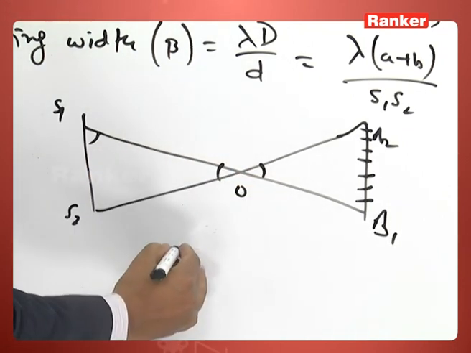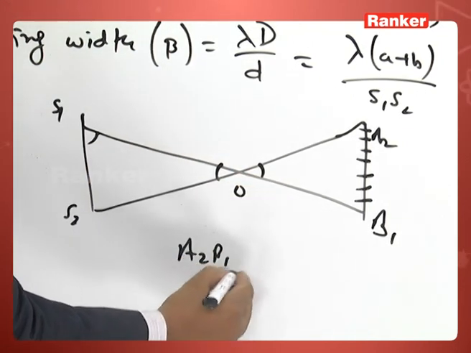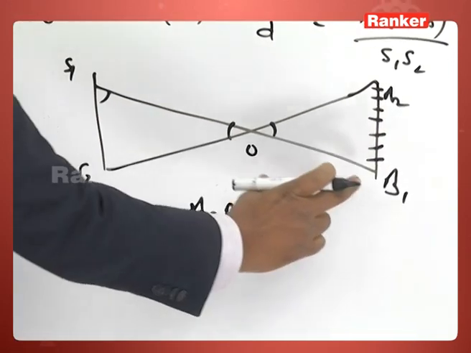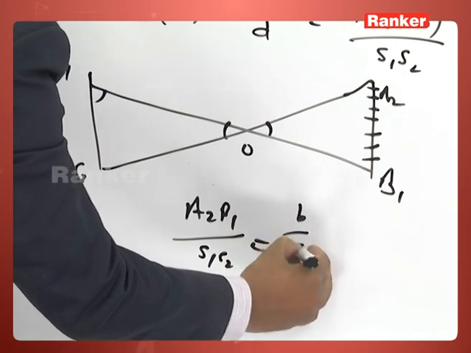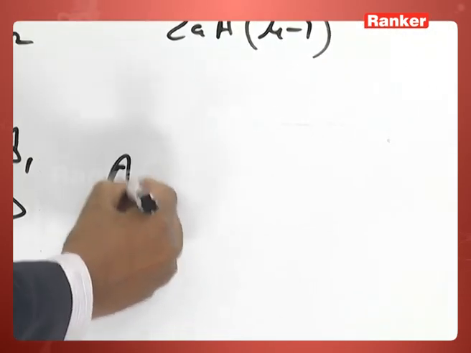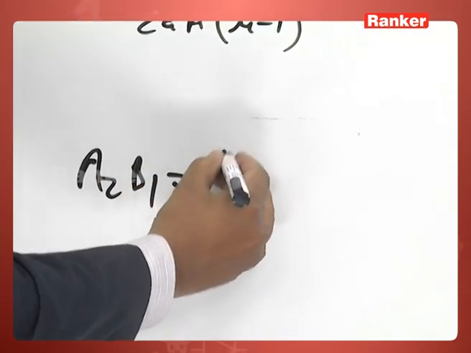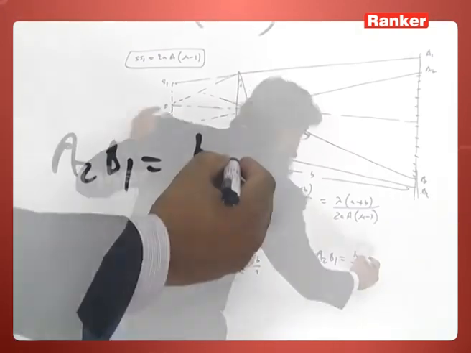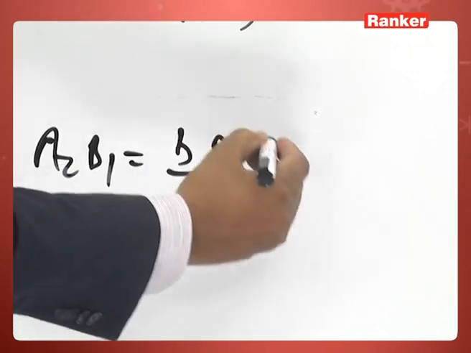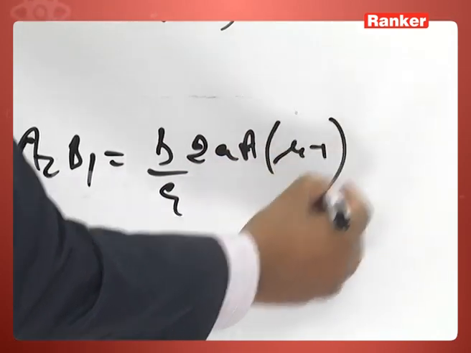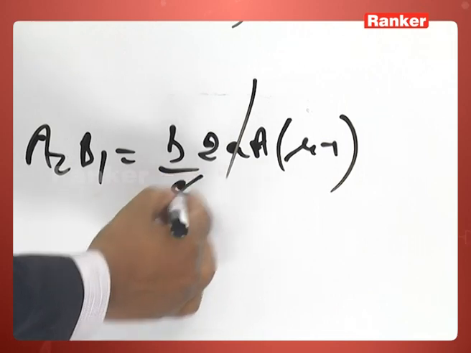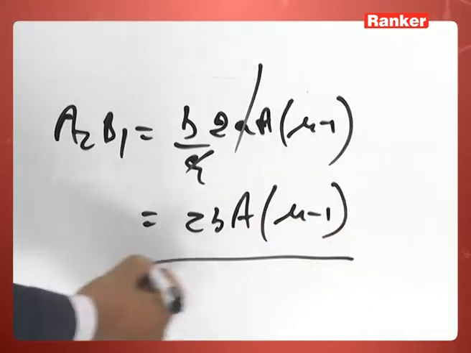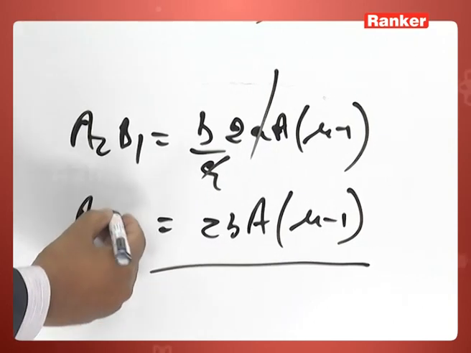For similar triangles, A2B1 by S1S2 is equal to b by a. So A2B1 is equal to (b/a) times S1S2, and S1S2 is 2aA(μ−1), where a cancels out, giving 2bA(μ−1). This is A2B1.